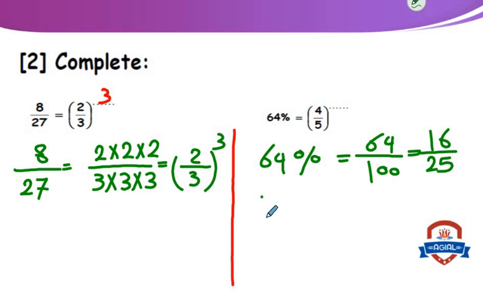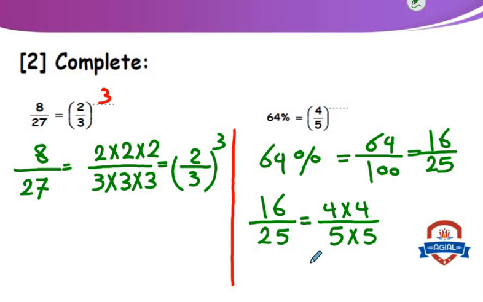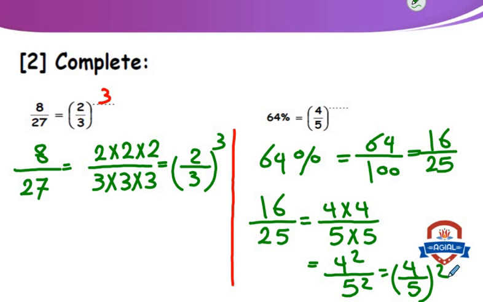Then 16 equals 4 times 4, and 25 equals 5 times 5, so it equals 4 to the power 2 over 5 to the power 2, which is 4 over 5 to the power 2. Then the power equals 2. Understand?